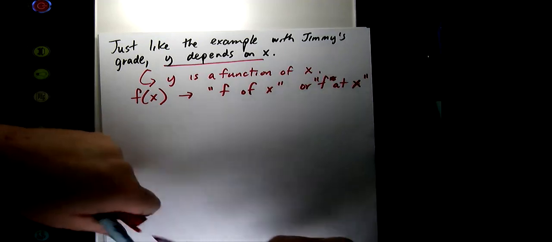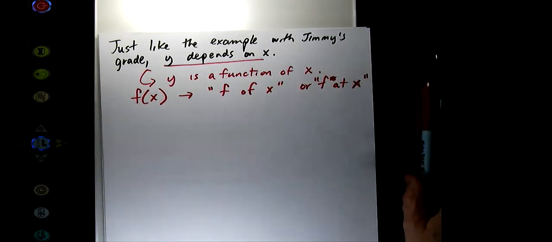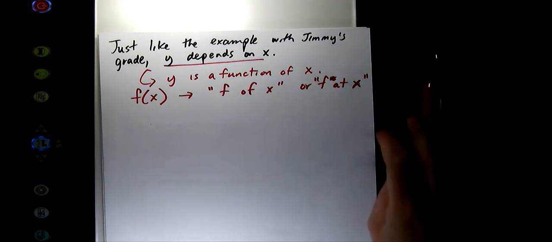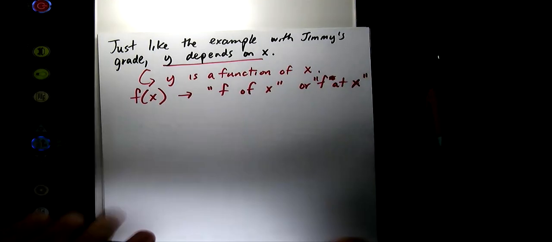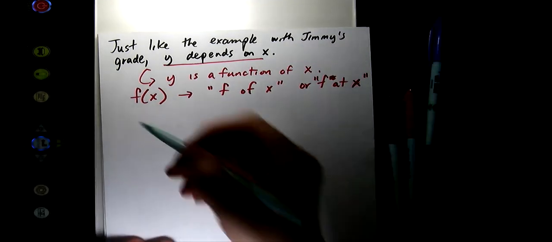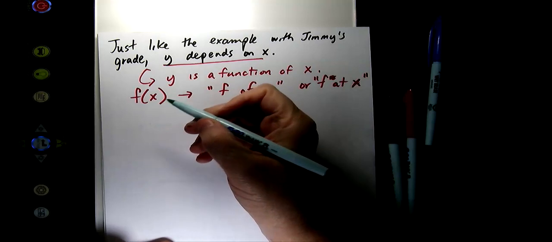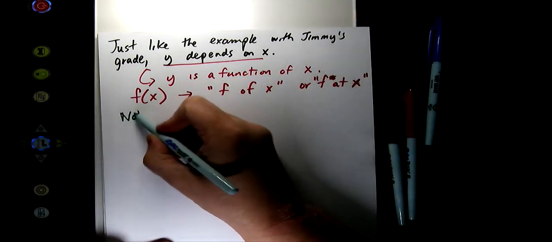Very rarely will you hear me say that. F at x is so alien to me that I would feel weird saying it here. I say f of x all the time. That's what this means. It's important to note, we used parentheses to show multiplication. When you have two letters like this, it is not multiplication.